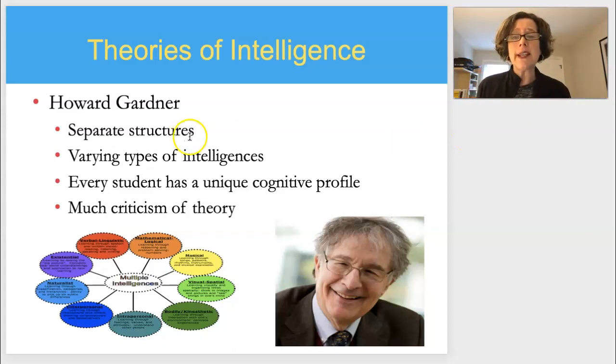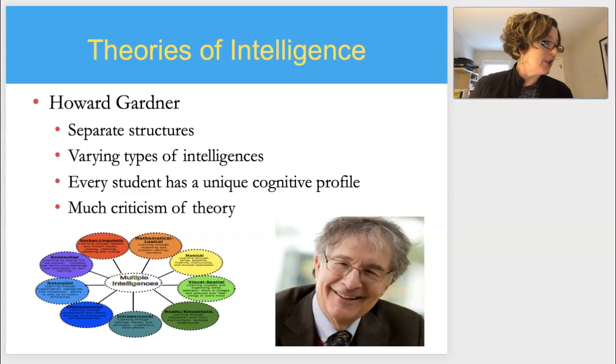So Howard Gardner would say that these are definitely separate structures, that math and music and visual spatial are different structures of intelligence, that there are varying types of intelligences, and that each student has a unique cognitive profile. So again, a little bit of that nature. However, there is much criticism of this.